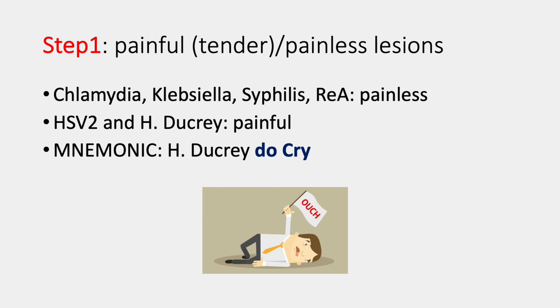Whereas if the ulcer is painless, the four possible causes are chlamydia, Klebsiella, syphilis, and reactive arthritis. So a mnemonic to remember that Haemophilus ducreyi causes painful genital ulcers is the famous mnemonic Haemophilus ducreyi do cry. It's really easy to remember this way.